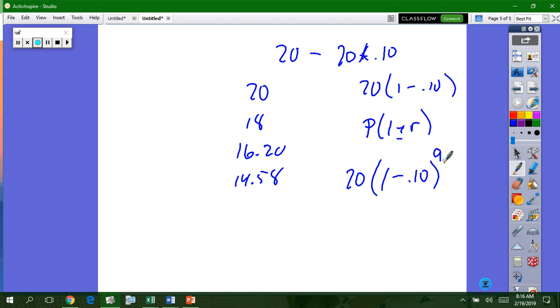Alright, so if you guys will help me out, plug this into your calculator for me. Just so you know how to work your machine. What do we get?